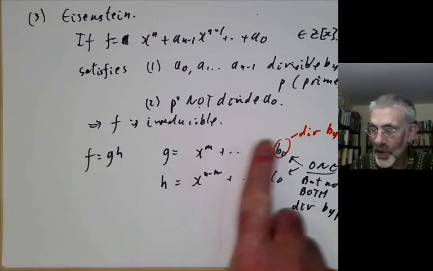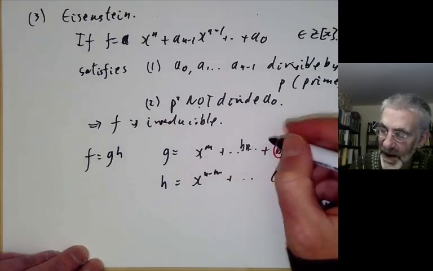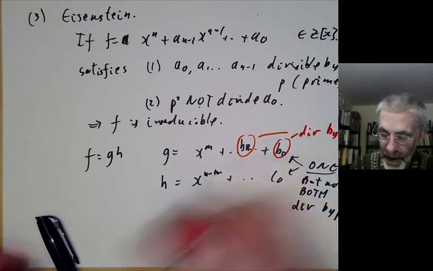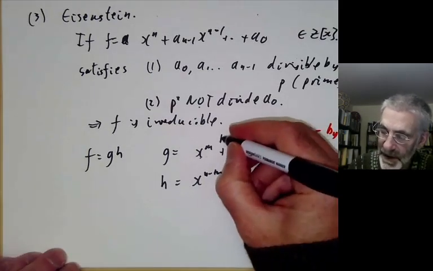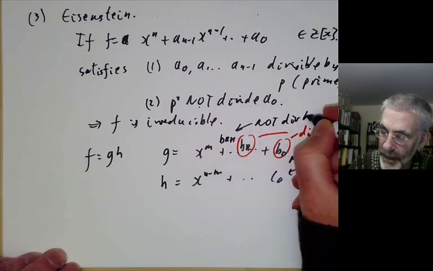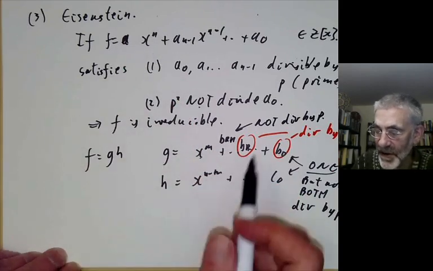And then you look at all the coefficients of this that are divisible by p. For instance, we might get up to b_k, which is divisible by p. And there might be some b_{k+1}, which is not divisible by p. And there must be some not divisible by p because the leading coefficient is not divisible by p.